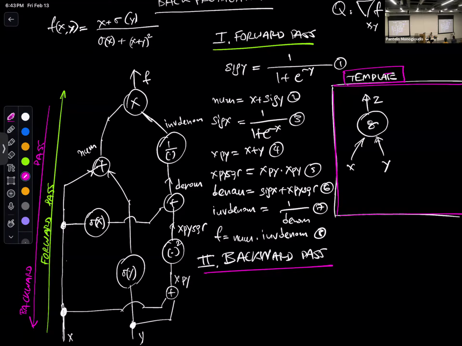In the backward pass, I'm going to receive what is called an upstream gradient. I call it upstream because it comes from above. It is not my responsibility to calculate it. Someone will give it to me. And I am going to calculate, however, two downstream gradients.